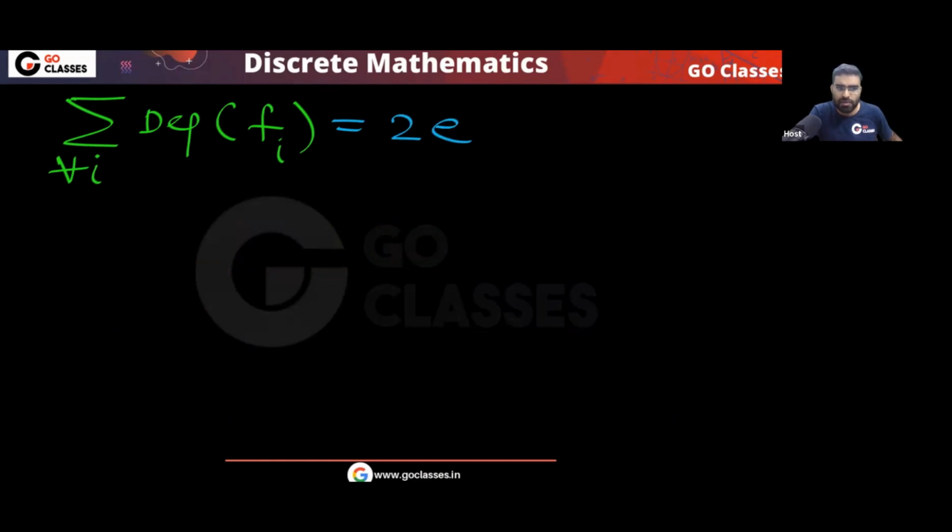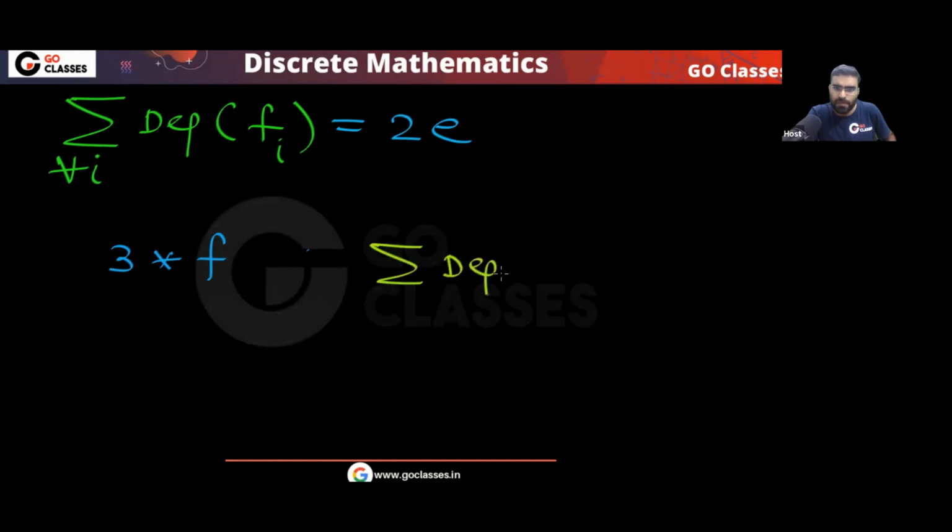A simple question I am asking. This is your total degree of faces. If I write 3 multiplied by the number of faces, what will be the relationship between this and the total degree of faces?